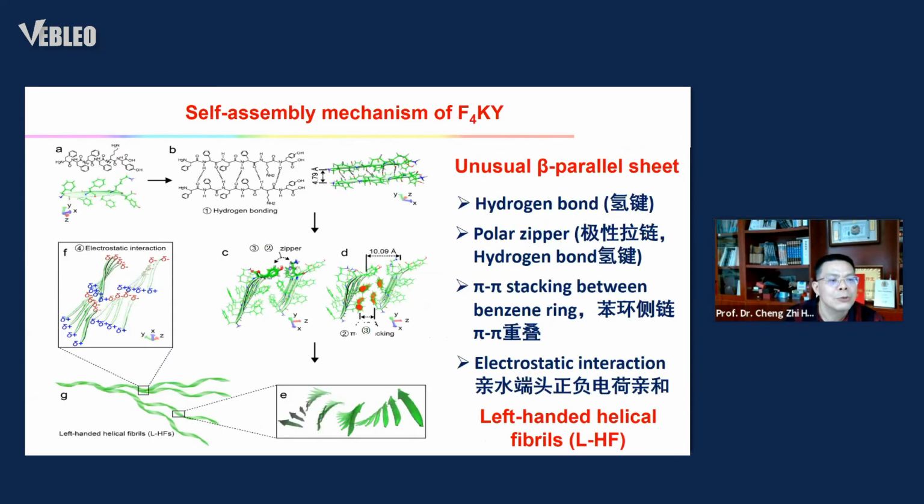There are 4 interactions between the L-type hexapeptides, including hydrogen bonding, the polar zipper, pi-pi interaction between the benzene rings, and the electrostatic interaction between the hydrophobic end groups. These interactions drive the L-type hexapeptide to self-assemble into an L-type helical fiber, which has an unusual beta sheet.